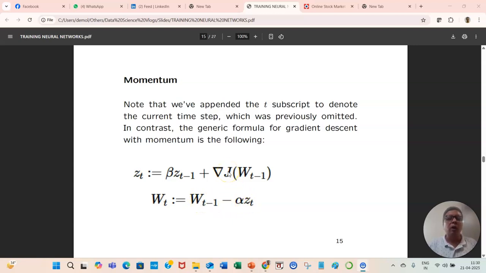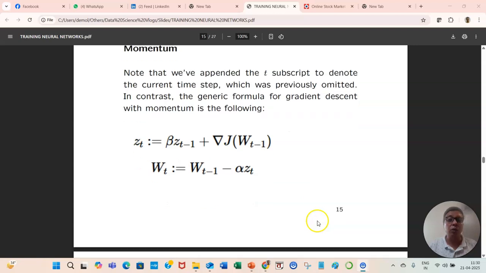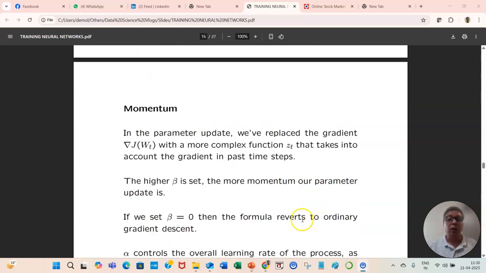So we are not directly using the gradient vector here. Rather, we are using beta zt minus 1 plus the gradient at t minus 1. So this is the momentum method. In the parameter update, we have replaced the gradient with a more complex function zt that takes into account the gradient in the past time steps. It helps us bring up the past values.